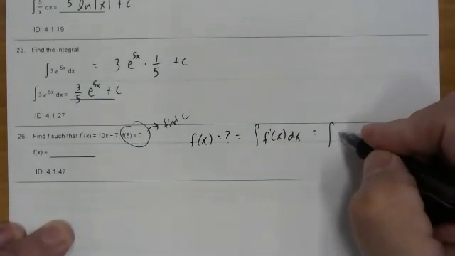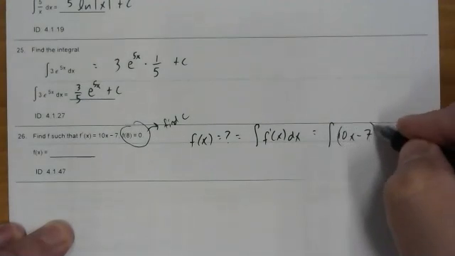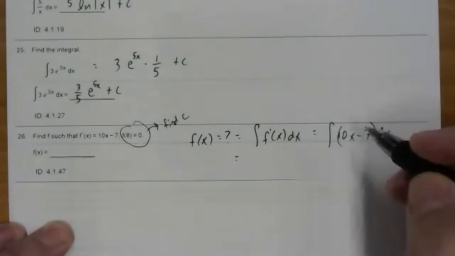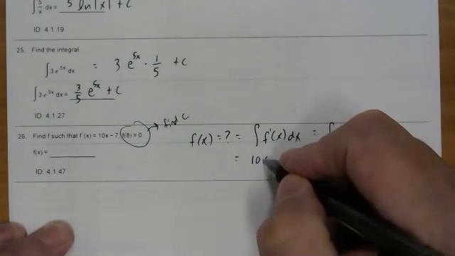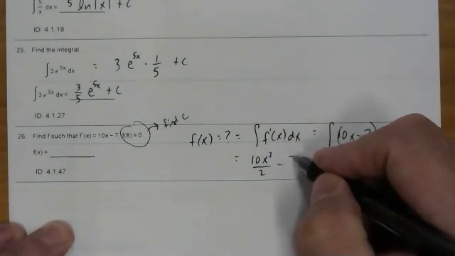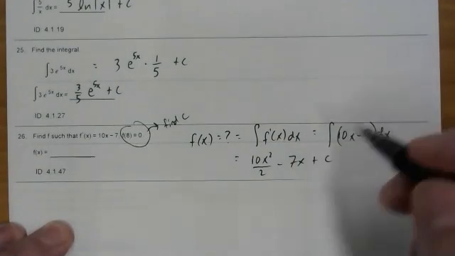The first derivative is 10x minus 7. So the integral of this is going to be 10x squared over 2 minus 7x plus c.